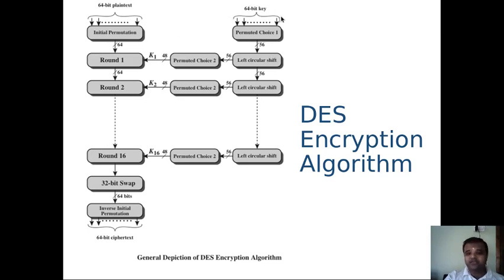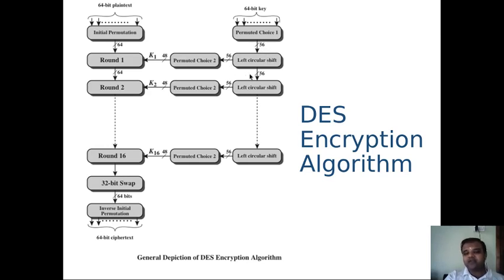We start off with a 64-bit key, so 64-bit plain text and 64-bit key. The key gets permuted. You call this permuted choice 1. Some form of permutation happens over here. The 64-bit key, take note, gets converted into 56 bits.